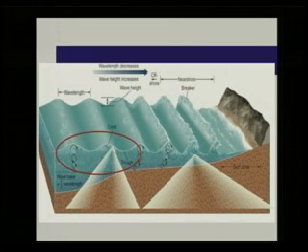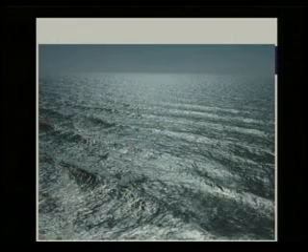So we have the little individual water molecules making their little circular patterns, and the energy is transmitted that way. The molecules aren't moving. They're pretty much staying in their same spot except for this circular motion, but the energy is being transmitted. So here we have swells in deeper water.